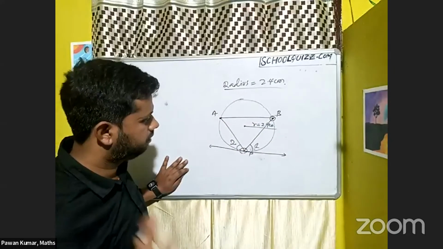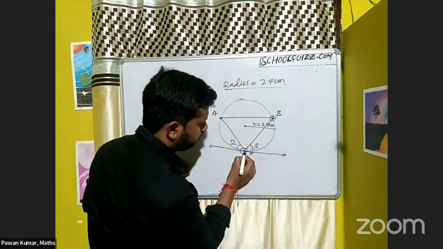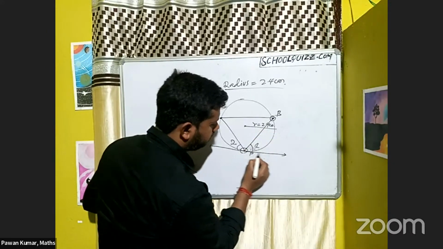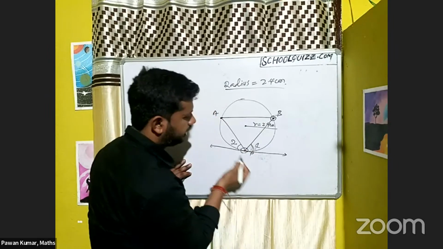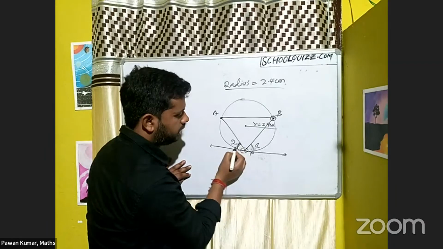If I draw any angle extending from this point, and from this side I draw the same angle, what are the things I'm getting here?